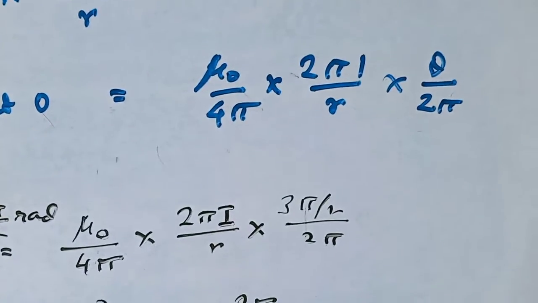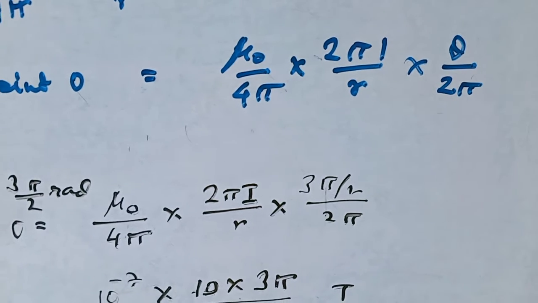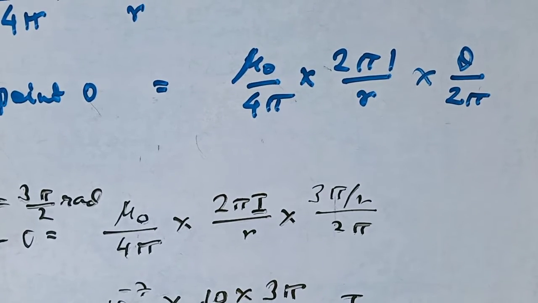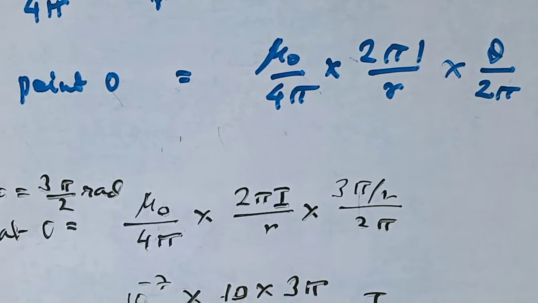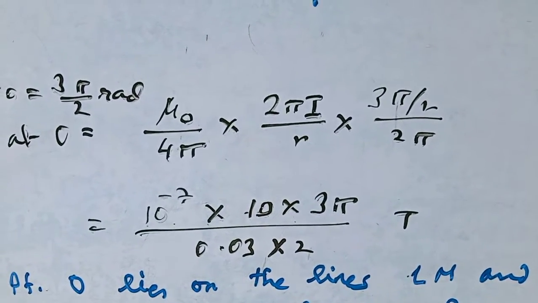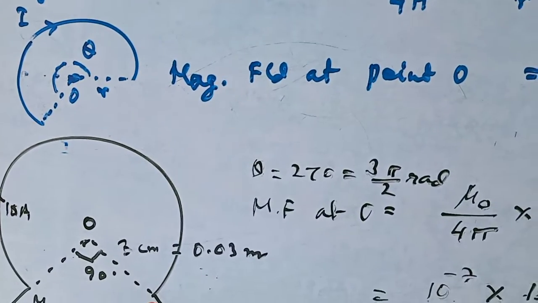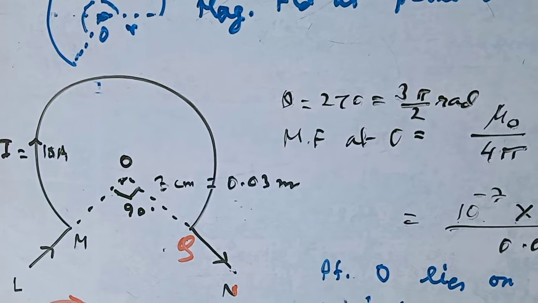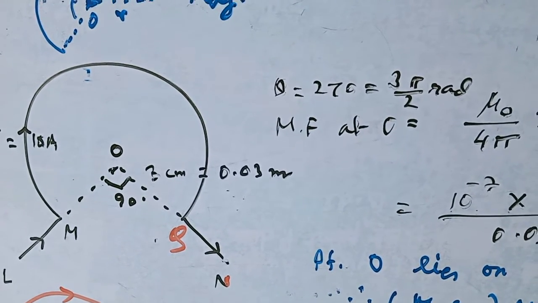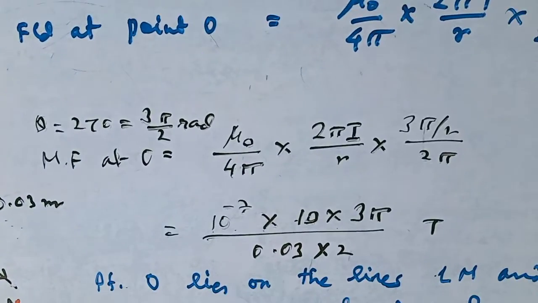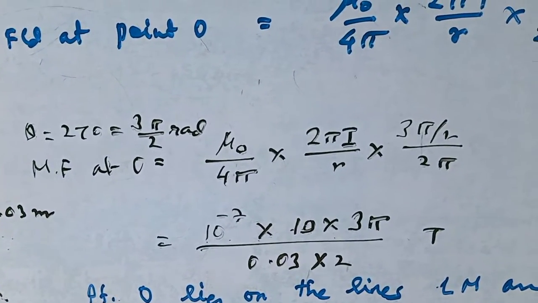Now use this formula, mu naught by 4 pi, 2 pi I by R, times 3 pi by 2 pi instead of theta, and you will get this result. If you cancel, and then if you are asked, if the radius is 3 centimeter, that means 0.03 meter, and the current is 10 ampere, then the magnetic field at O will be calculated in this manner.